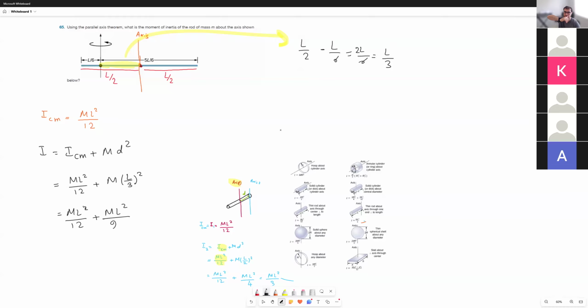If it passes through the center of mass, the center of mass of this thin rod is exactly at the center. It divides the rod into 2. So that's where the L over 2 comes from. And L over 2 minus L over 6 is the distance between the two axes. Oh, okay. Thank you.